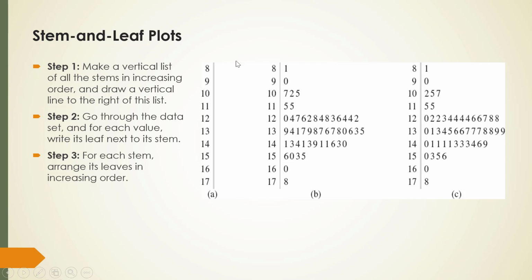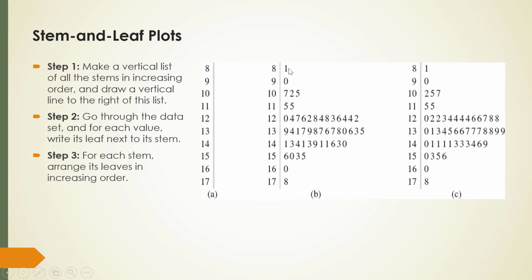So first of all, we make a vertical list of all the stems in increasing order, and then we make a vertical line to the right of this list. Then we go through the data set and for each value, write its leaf next to its stem.